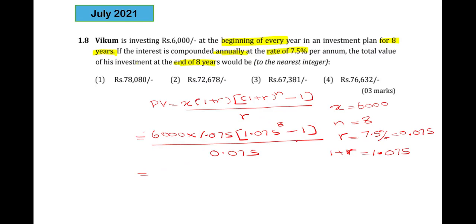6,000, multiplication sign, 1.075. Now open the bracket, normal bracket, 1.075 to the power 8, subtract 1, close the bracket, divide by 0.075.